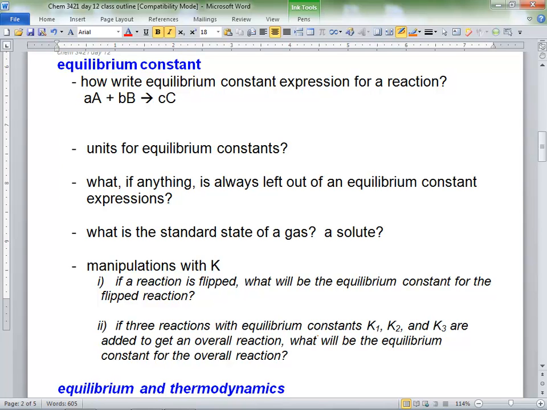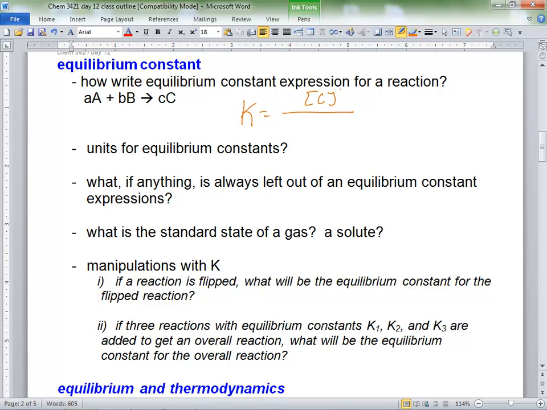What's the symbol we use for that? Big K, right? And that was always what over what, Christina? Okay. Raised to their stoichiometric coefficients, right? So products over reactants.